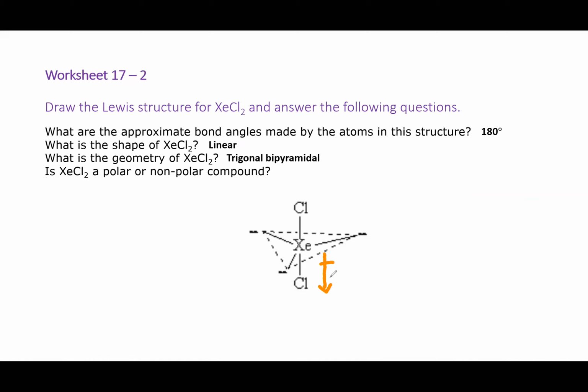So xenon will have a partially positive charge, and our chlorine atoms will have a partially negative charge. So we can also draw one right here like this. So because of this, we have 2 arrows of the same magnitude pointing in different directions, so they cancel each other out. So this makes xenon dichloride a non-polar compound.